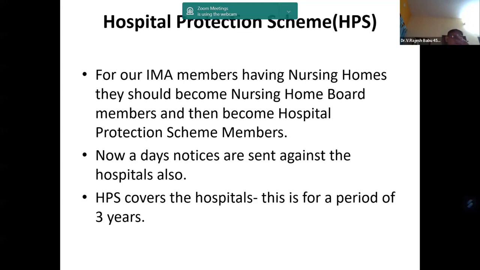The other thing is the hospital protection scheme. For our IMA members having nursing homes, they should become nursing home board members and then become hospital protection scheme members. Nowadays, notices are sent against the hospitals also. The hospital protection scheme covers for 3 years.